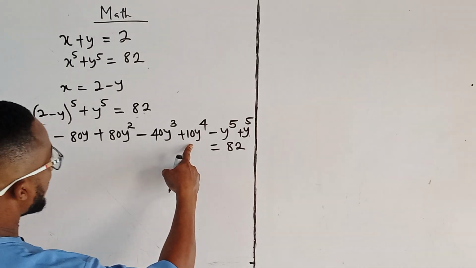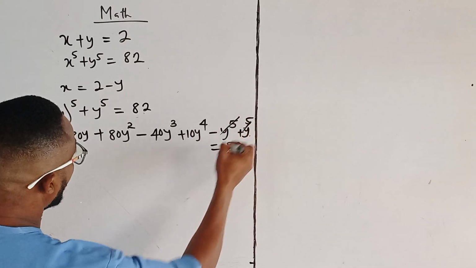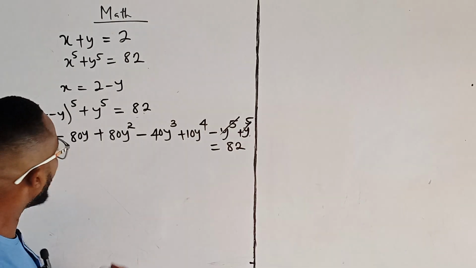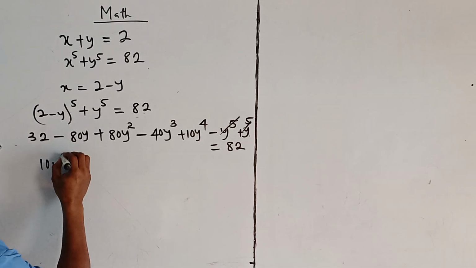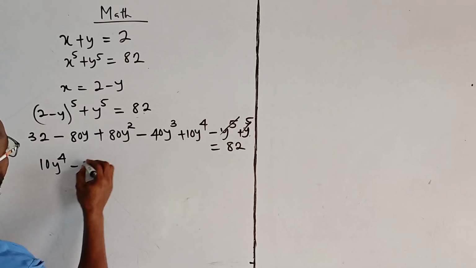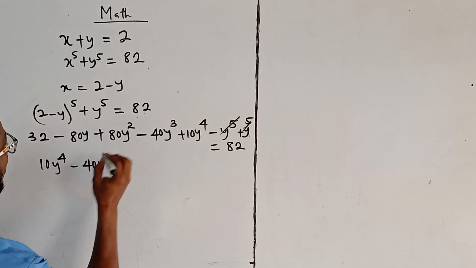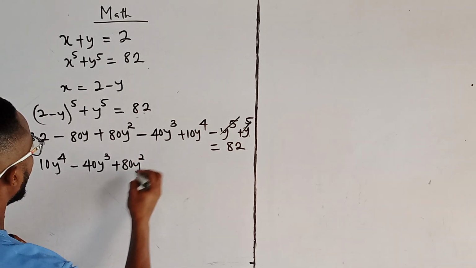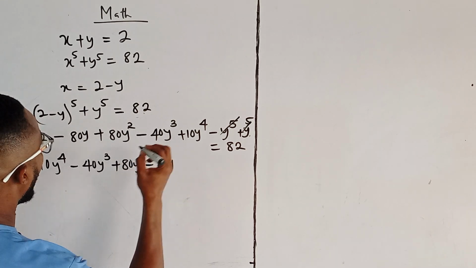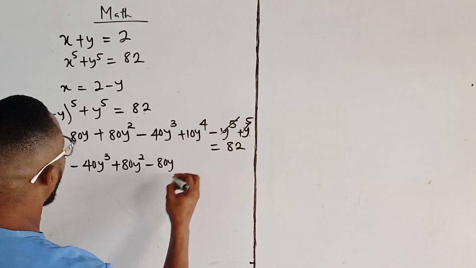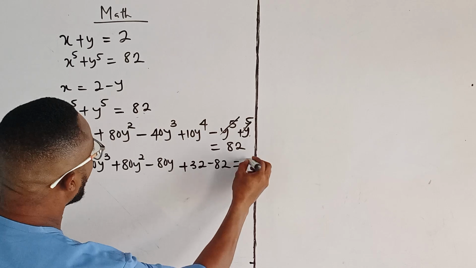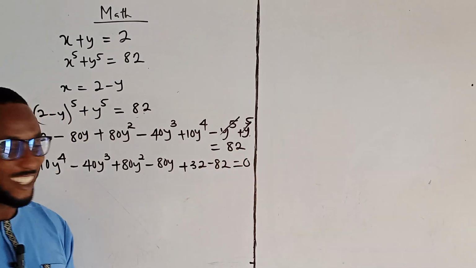The highest power, y to the fifth, will cancel out. They will leave the system. We're left with 10y to the fourth minus 40y cubed plus 80y squared minus 80y plus 32 minus 82 equals 0.